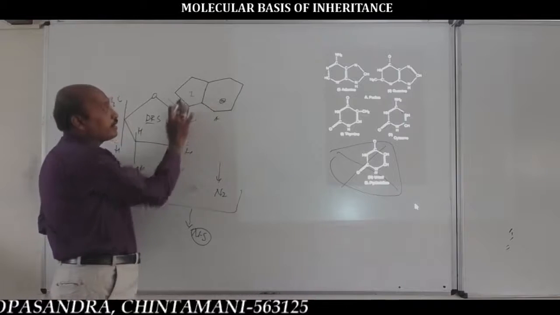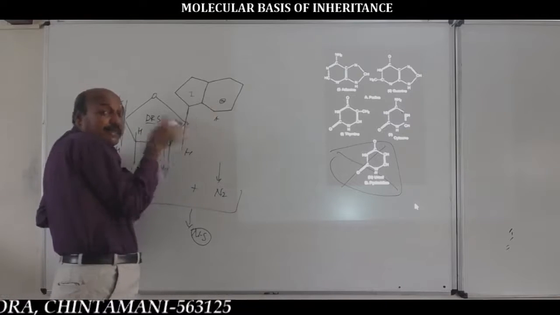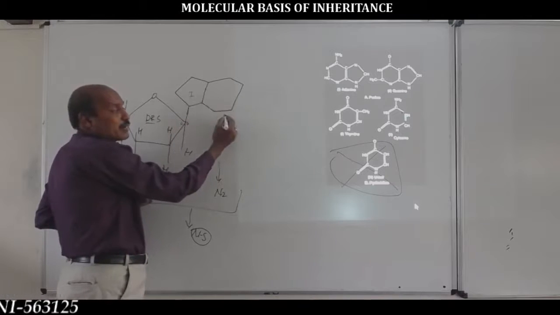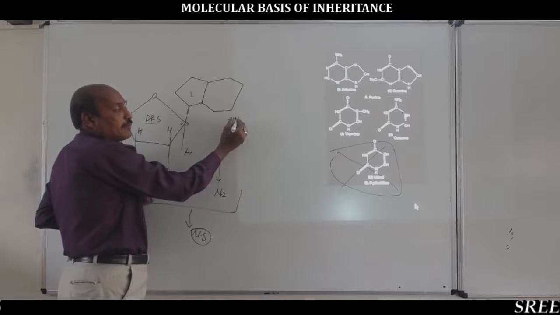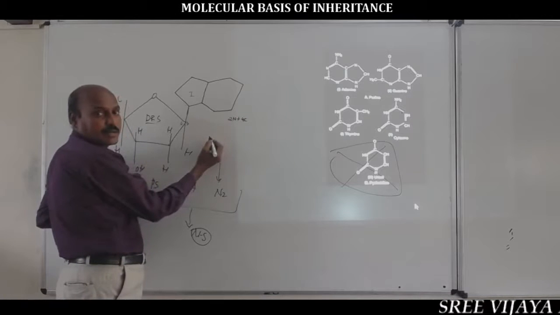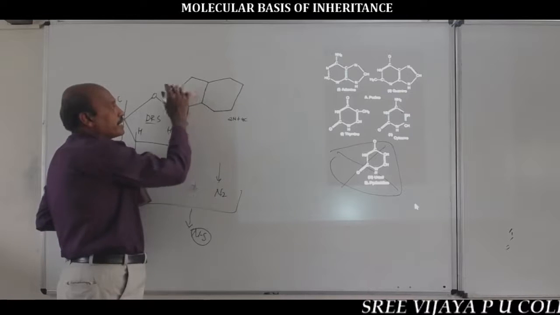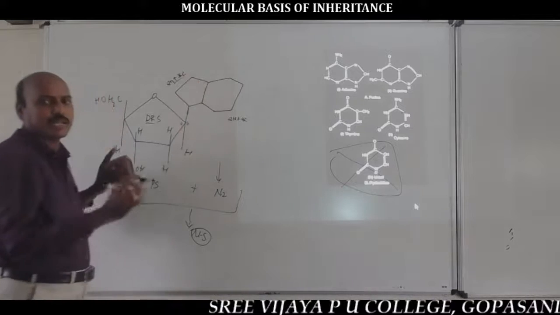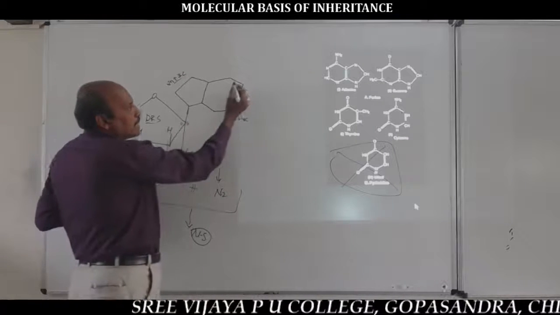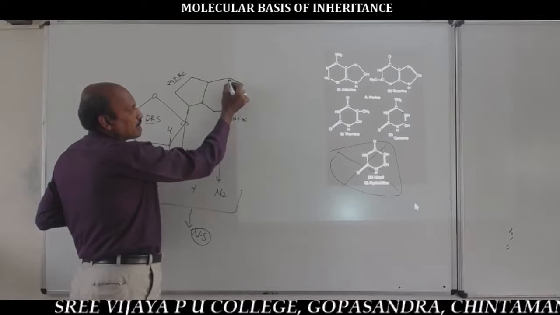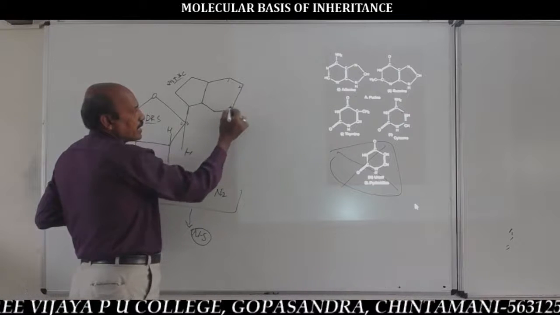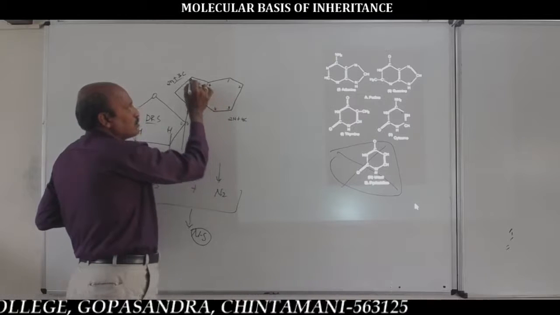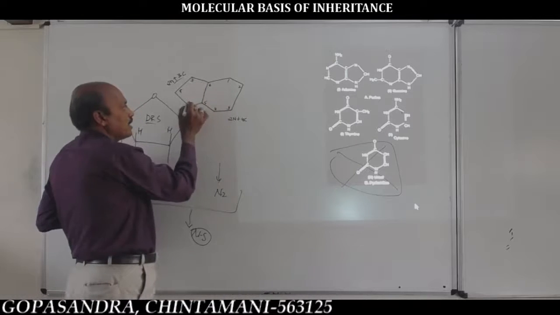The pyrimidine ring contains 6 atoms, 2 N plus 4 C. The imidazole ring contains 2 N plus 3 C. The positions of the atoms are first, second, third, fourth, fifth, sixth, seventh, eighth, and ninth.